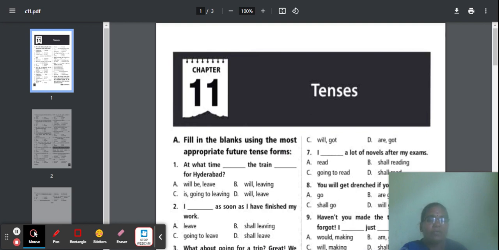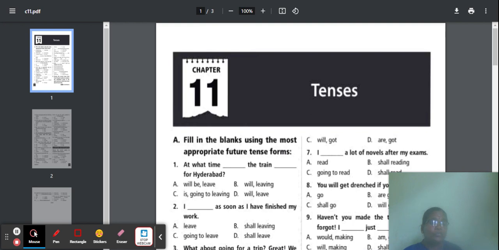Plural, they will drive a car. Like that we have to write. Future tense, what are the keywords? How can we find out? Future tense keywords are next week, tomorrow, in 1 year. Like that, we can find out the keywords. Yesterday means past tense, tomorrow means future tense.